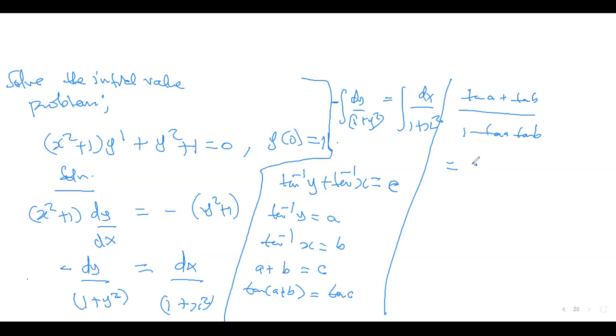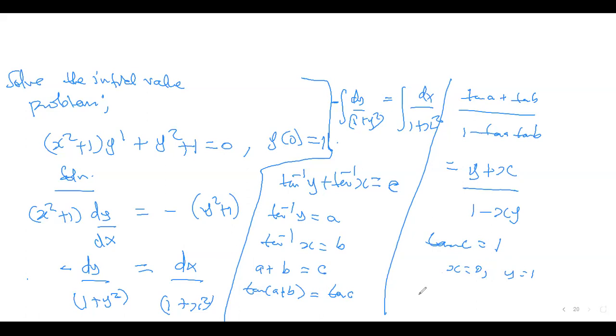So this is going to be y plus x over 1 minus xy. And you're going to find out that when you do substitutions, tan c is going to be 1 when you substitute for x equal to 0 and y equal to 1.